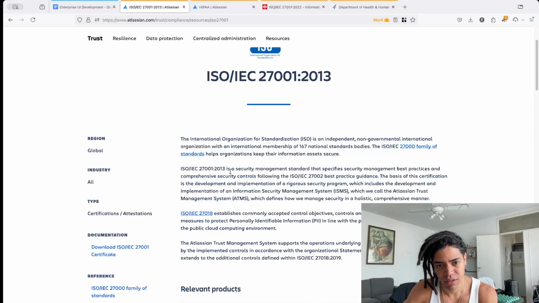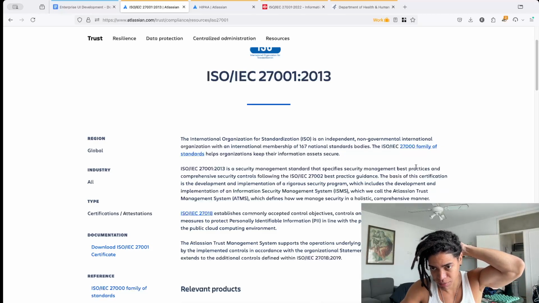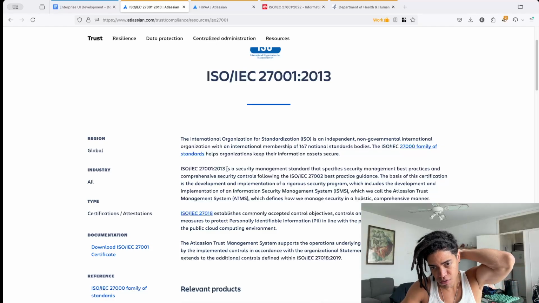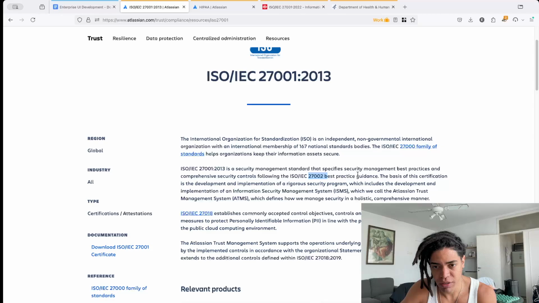ISO 27001:2013 is a security management standard that specifies security management best practices and a comprehensive set of security controls. The basis of this certification is the development and implementation of a rigorous security program.